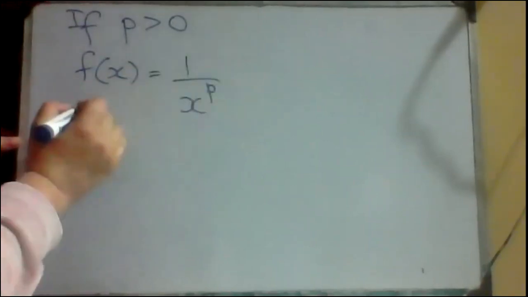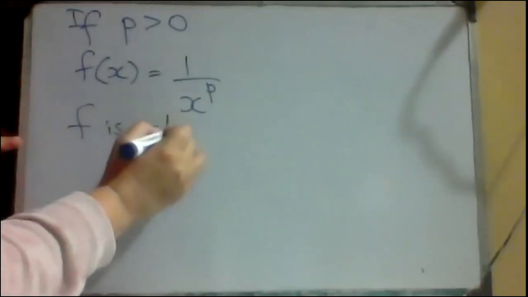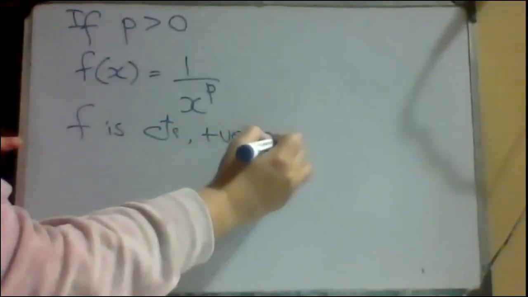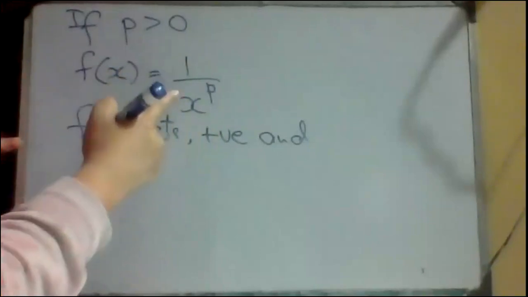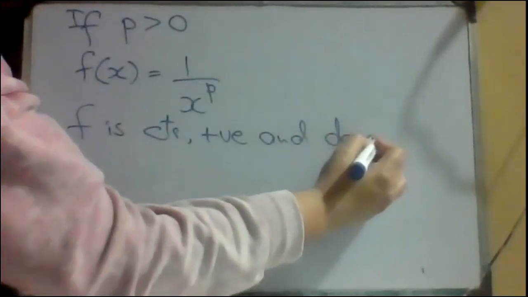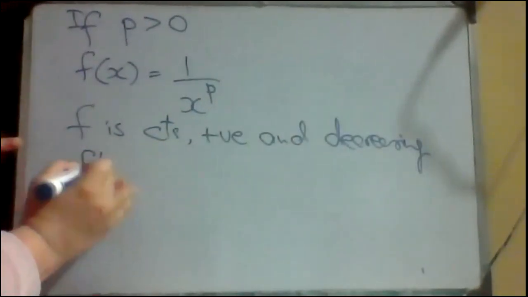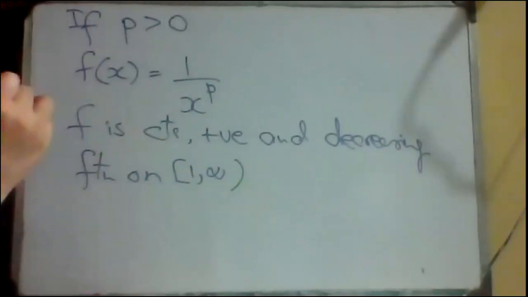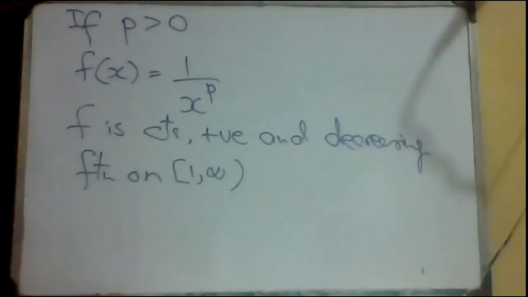So f is continuous, positive, and also it is the reciprocal of x^p, so it is a decreasing function on the interval 1 to infinity. So I will evaluate the improper integral.